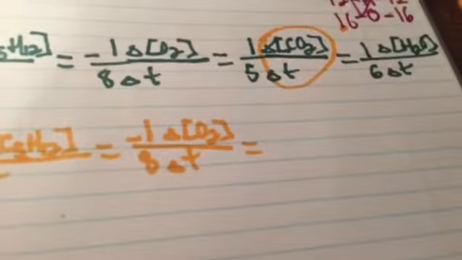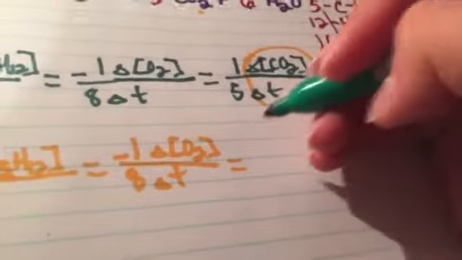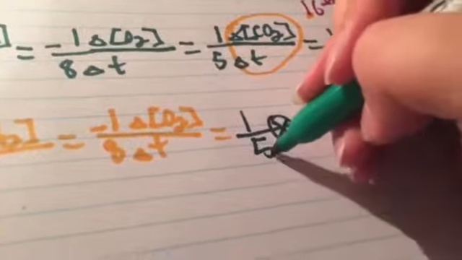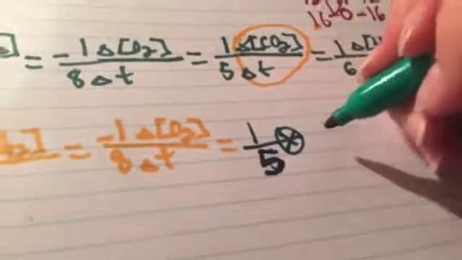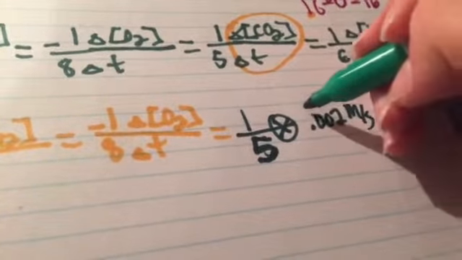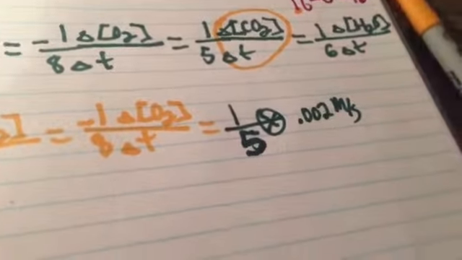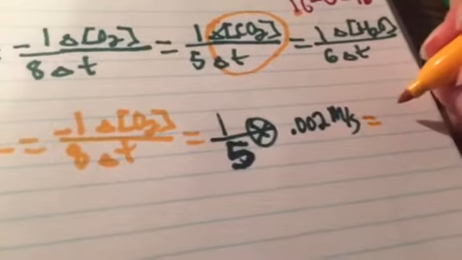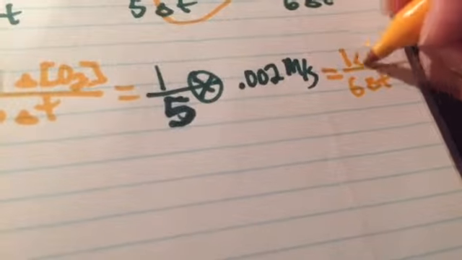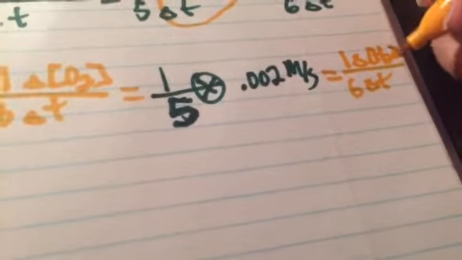Here's where we're going to plug in our 0.002. We have 1/5 times 0.002, and don't forget your unit. And we keep writing our rate equation, 1 over 6 times change in the concentration of water.